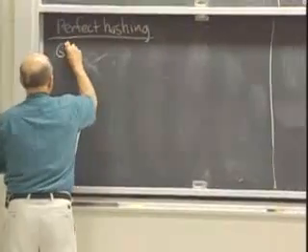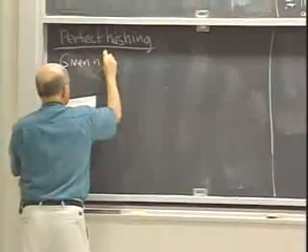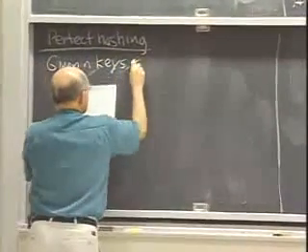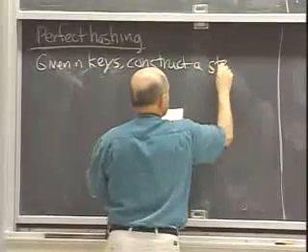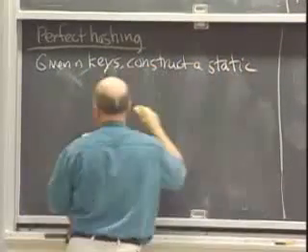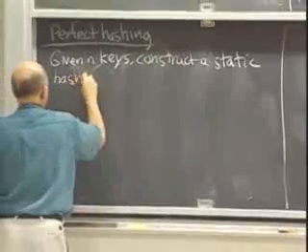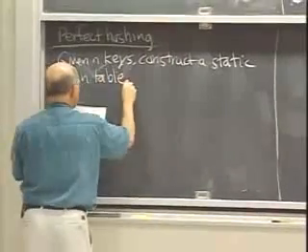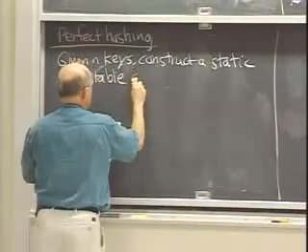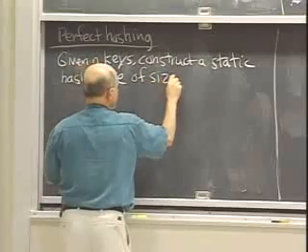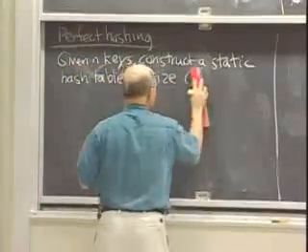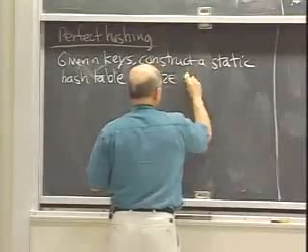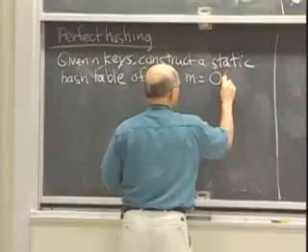So the problem is, given n keys, construct a static hash table. In other words, no insertion and deletion. We're just going to put the elements in there, in a table of size m equals order n.